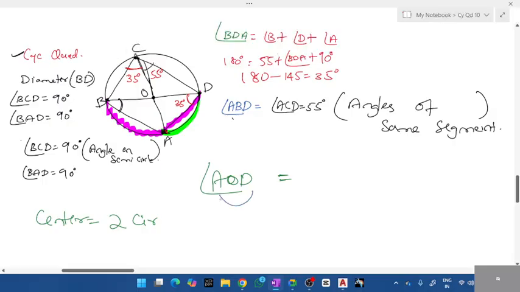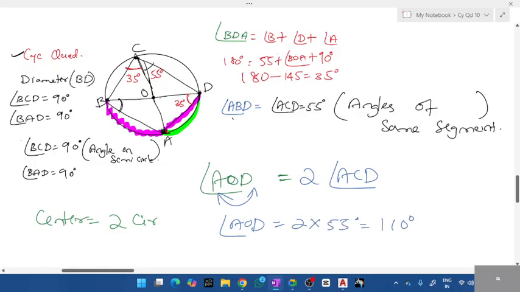AD. On the same arc AD, check what's the other angle formed on the arc: ACD. So AOD will be equal to twice ACD. Understood? Therefore, angle AOD is equal to 2 into 55, 110 degrees. This part will be 110.